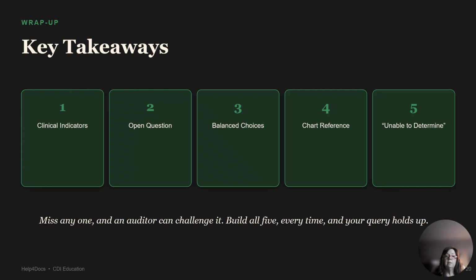So if we miss any one of those, we have built something that an auditor can challenge. So if we build it with all 5 every time, it's a query that is probably going to hold up.